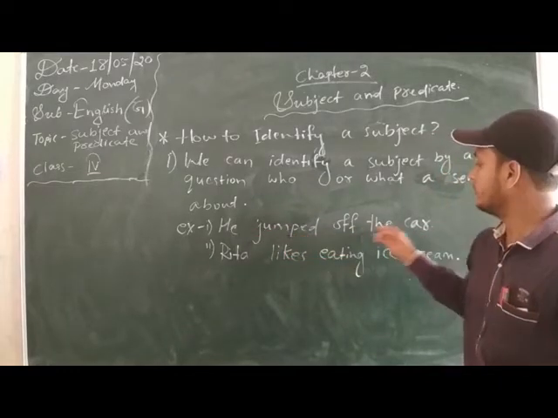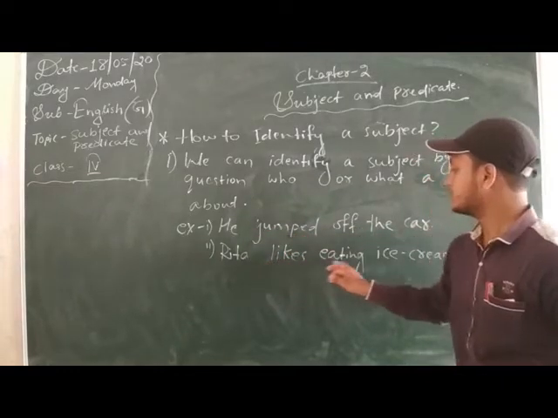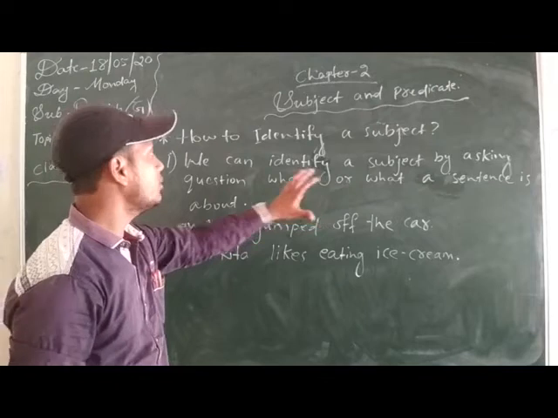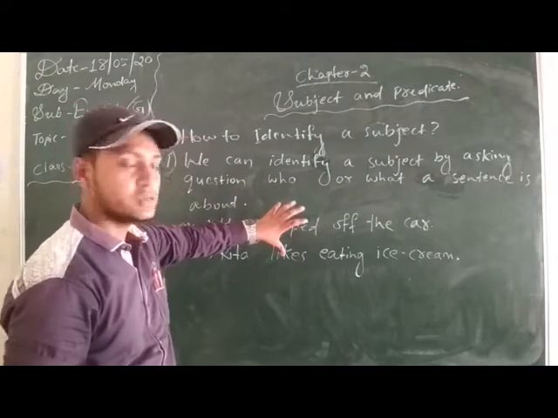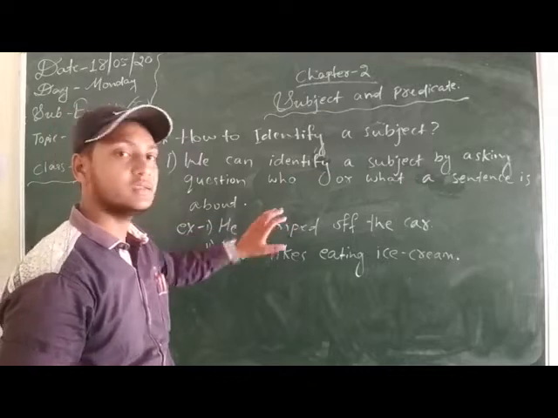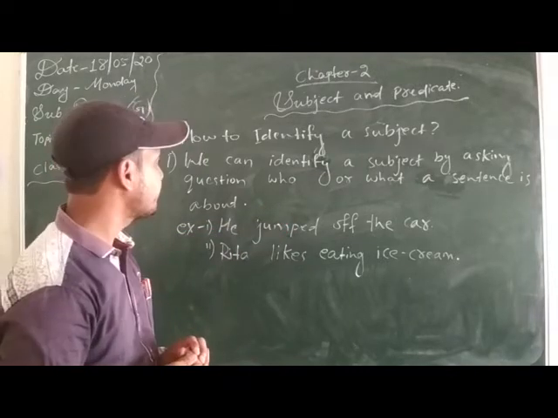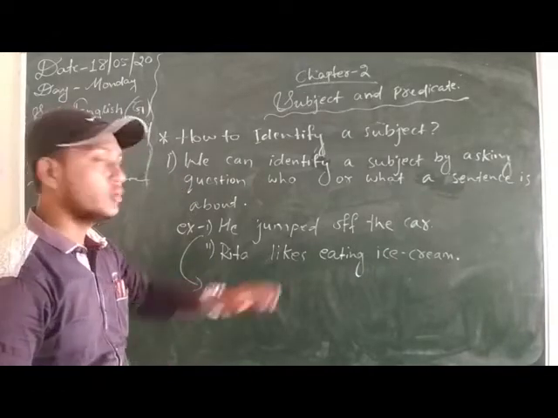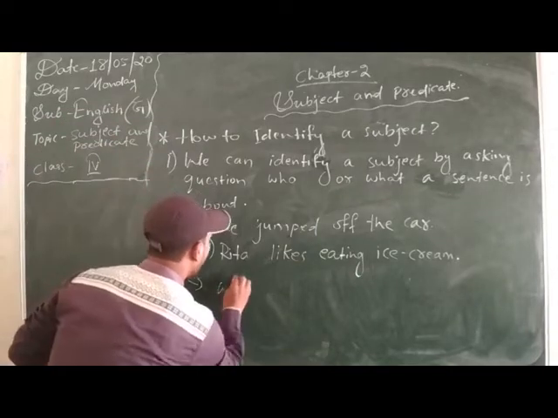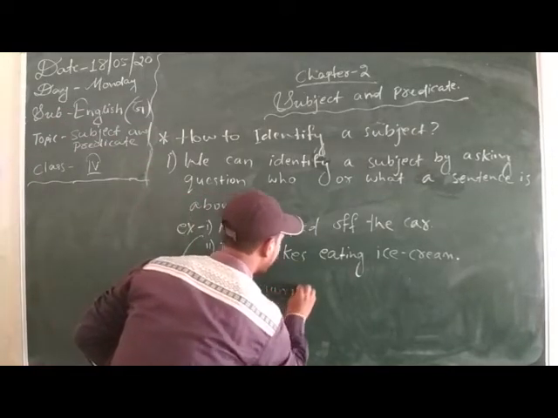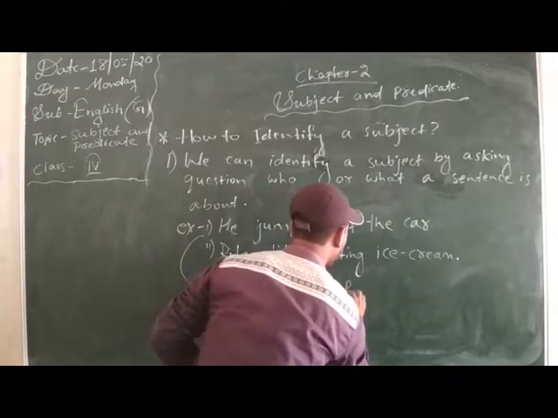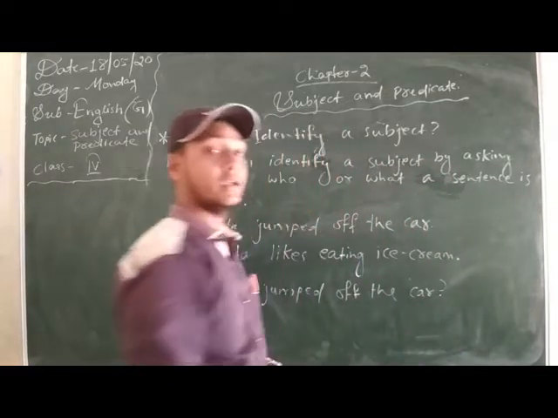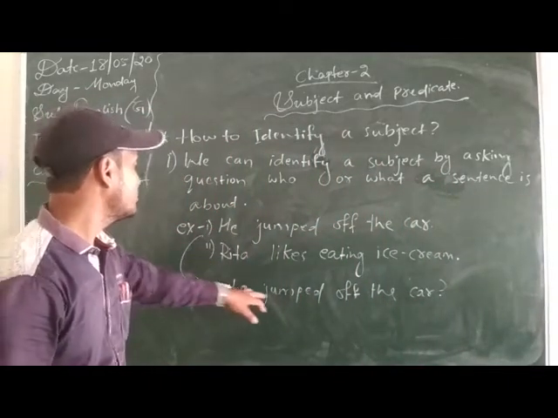According to our first point, we have to identify whether each sentence has a subject or not. So we have to question it. We can ask the question, who jumped off the car?